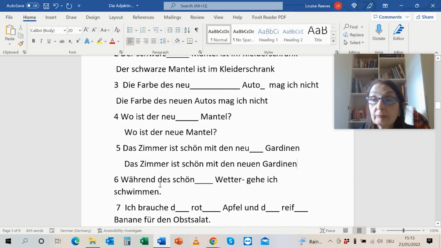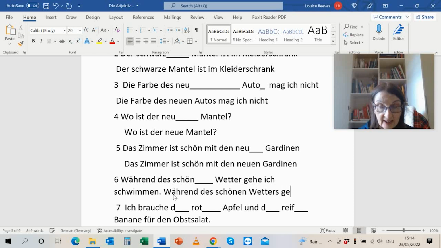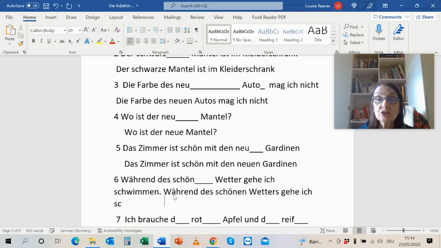Während des. There's my genitive, so we know straight away. Während des schönen, because it's genitive, always ends in en. And then, oh yeah, Wetters. That's why it was there. Wegen des schönen Wetters gehe ich schwimmen.